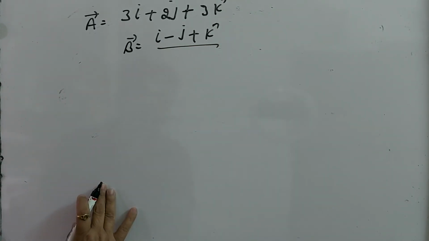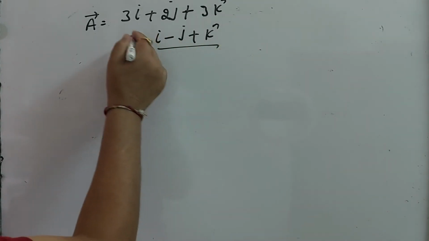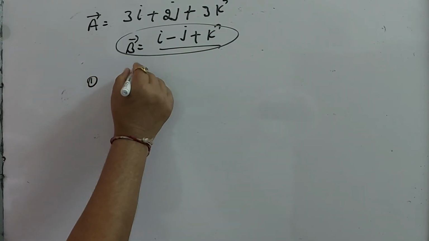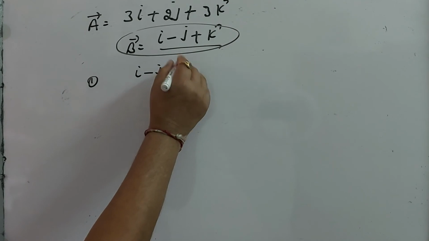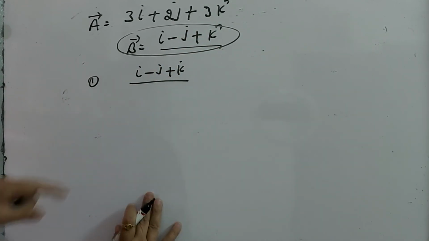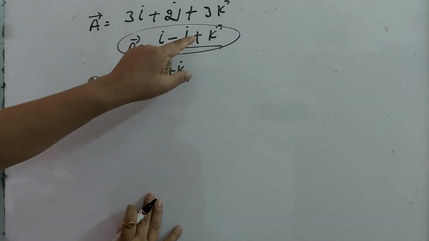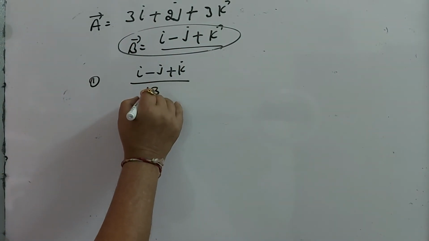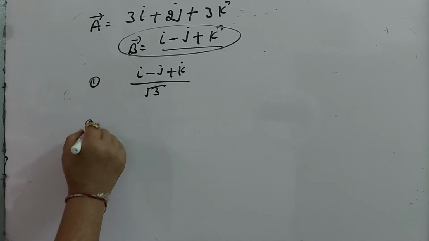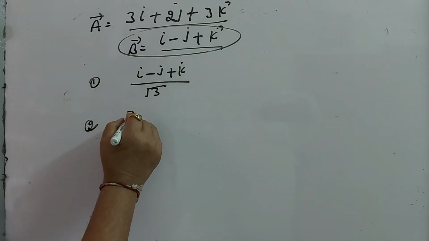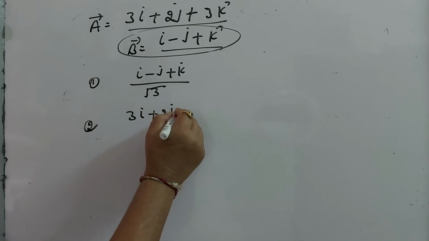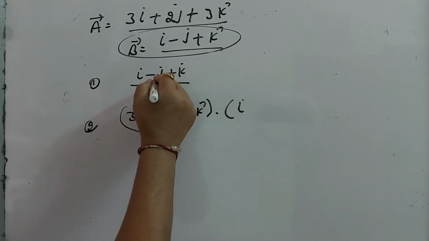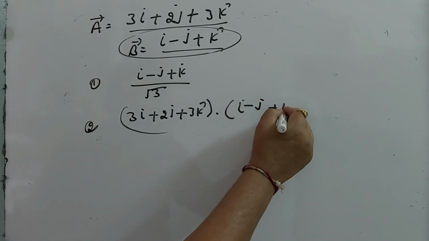Now the first step is to find the unit vector along this vector, which is the vector divided by its magnitude. Its magnitude is the square root of 1 square plus 1 square plus 1 square, which is root 3. And in the second step, you simply take the dot product of this vector with this unit vector.